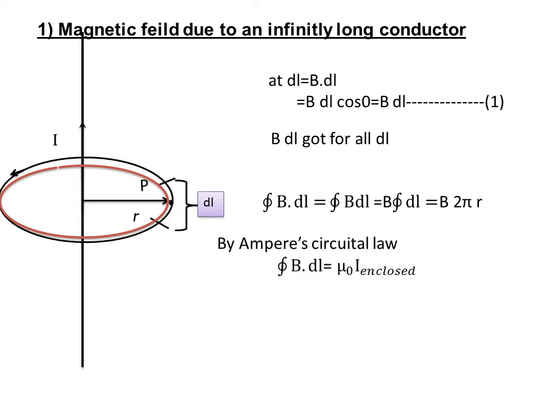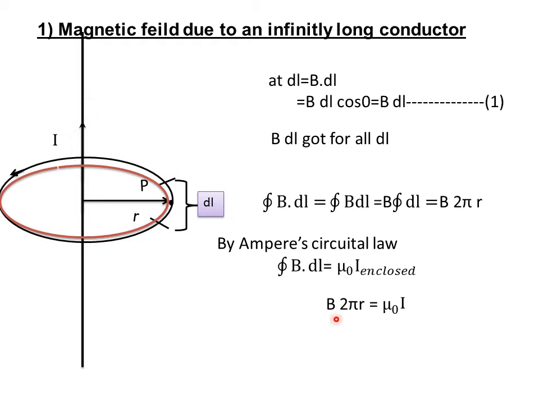Now, we are going to use Ampere's circuital law. Integral B dot dl is equal to mu 0 into current enclosed. Instead of integral B dot dl, we can write B into 2 pi r. On the right hand side, we have mu 0, and instead of current enclosed, we can write current I, because I is the current in the loop.